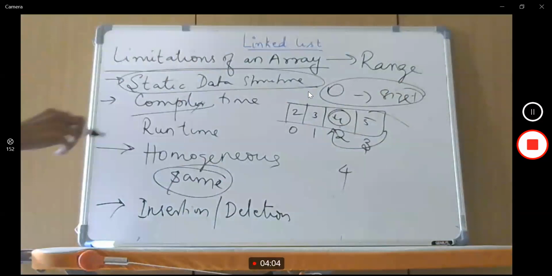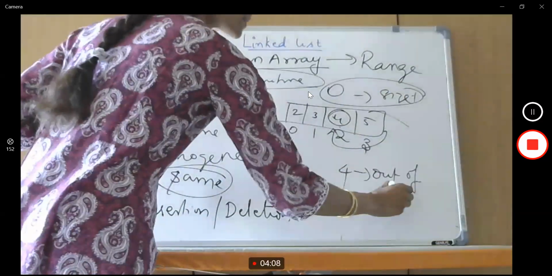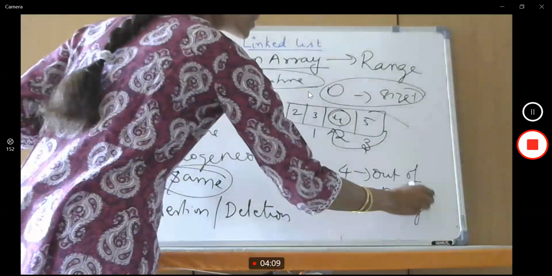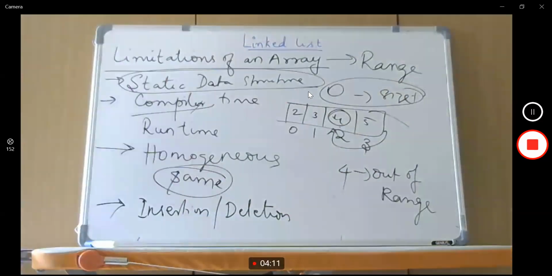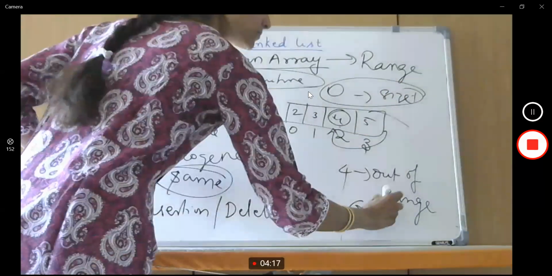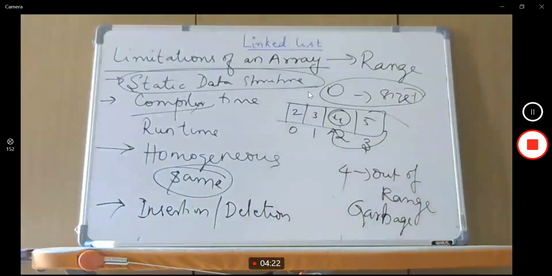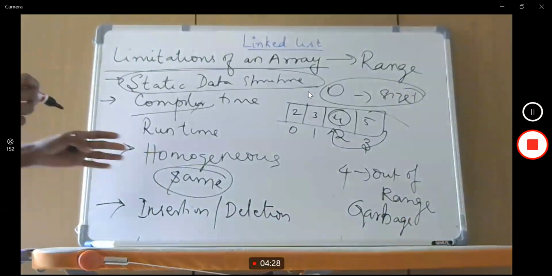You are trying to access what is called out of range. When you try to access out of range, what will happen? It is going to show you some kind of garbage value or some kind of errors. That is one more limitation.